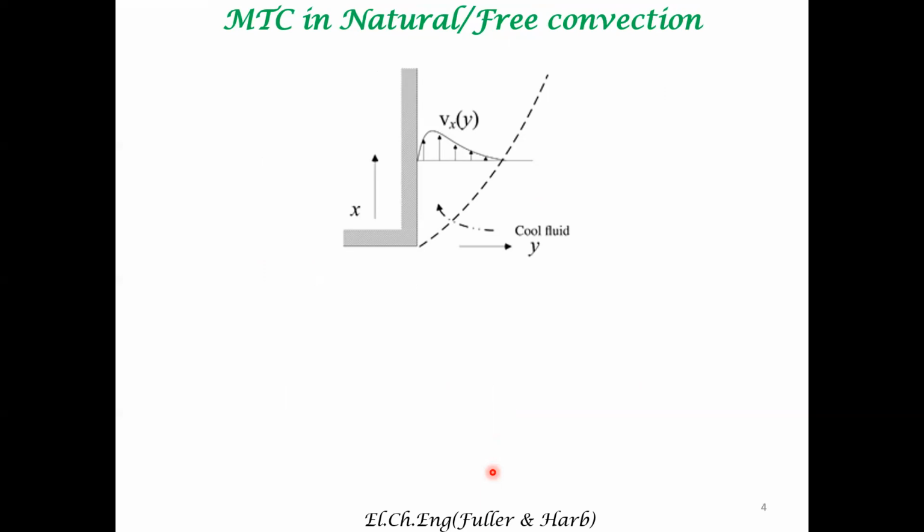We also utilize mass transfer coefficient in the context of natural and free convection. So you might have read about natural and free convection in your classes on heat transfer.